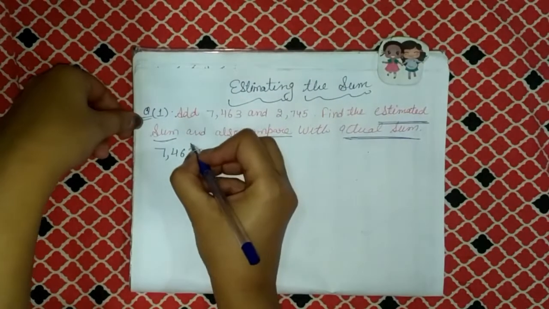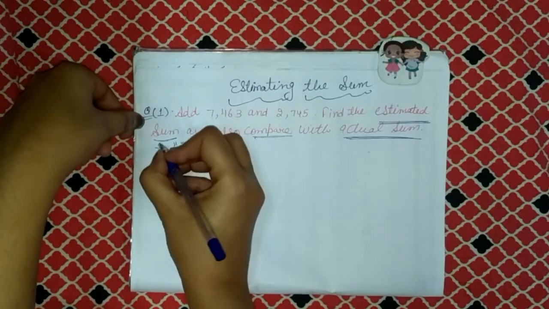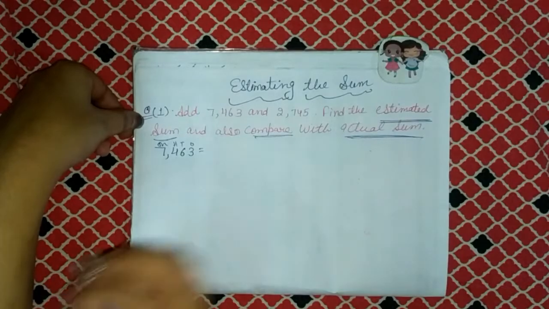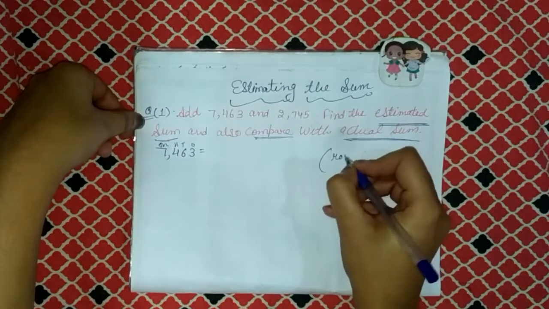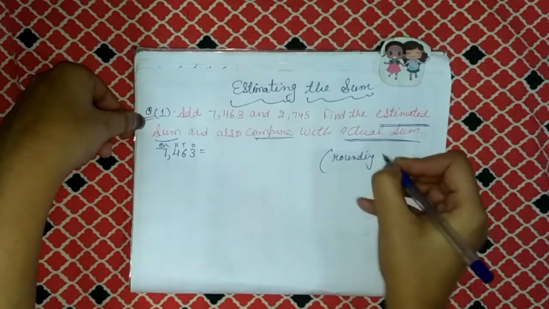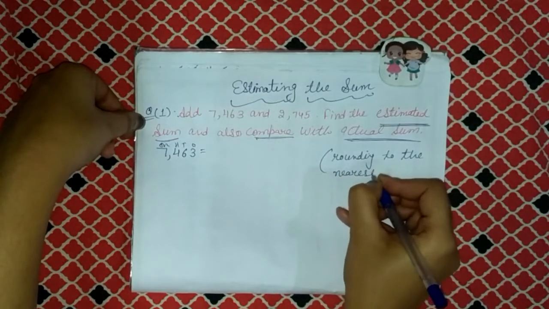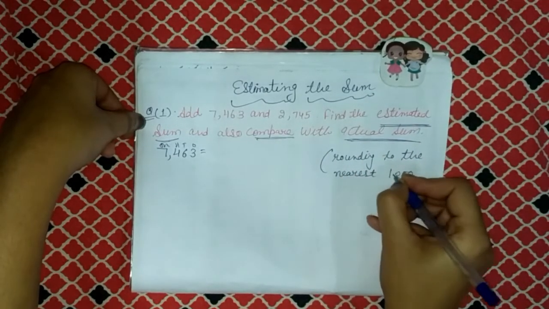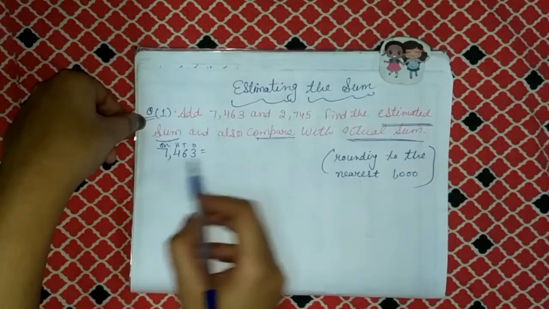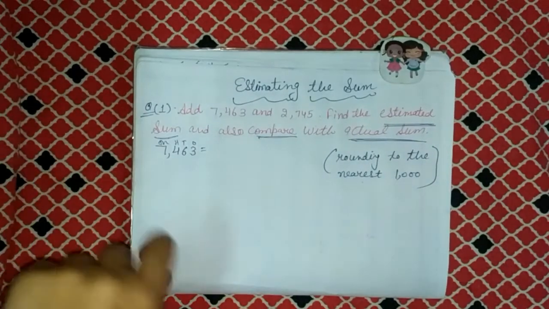So this is ones, tens, hundreds, thousands. Okay, so we are rounding to the nearest thousand because these are 4-digit numbers, correct?